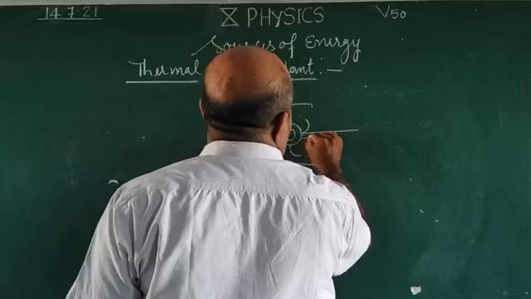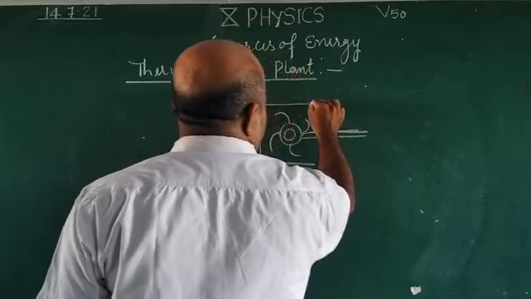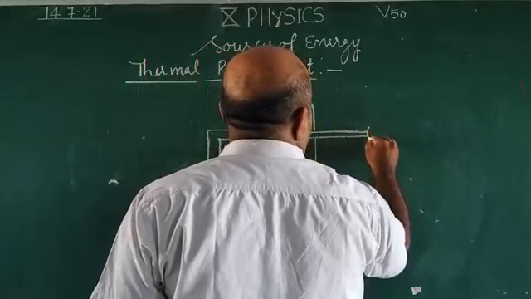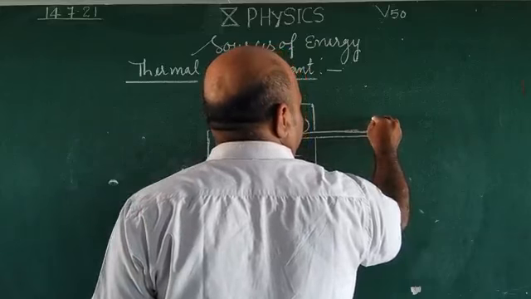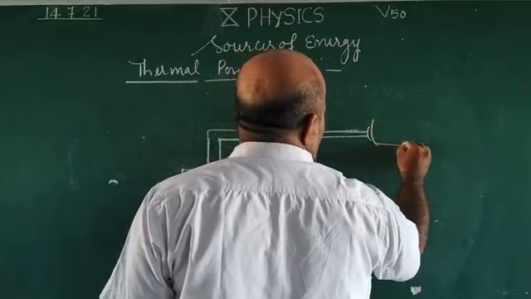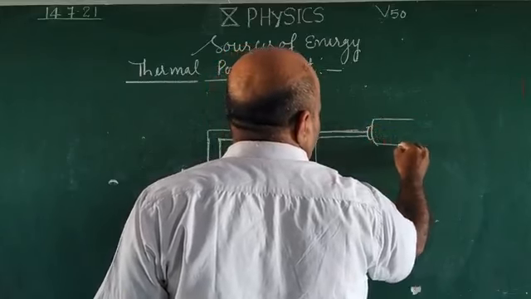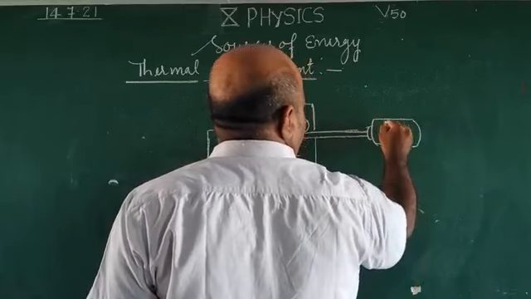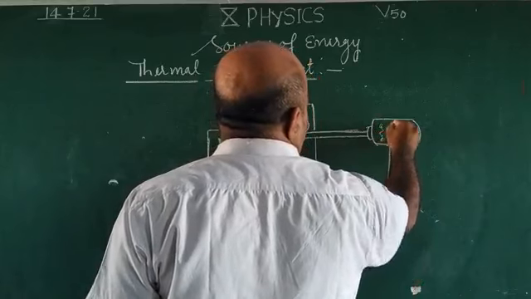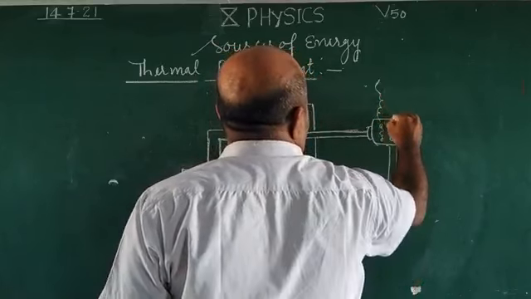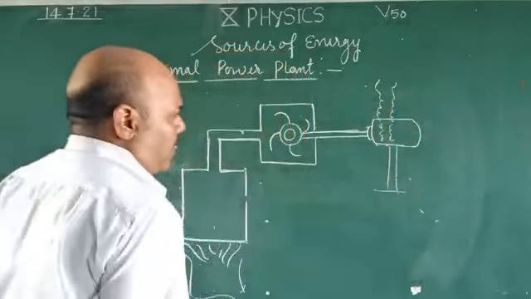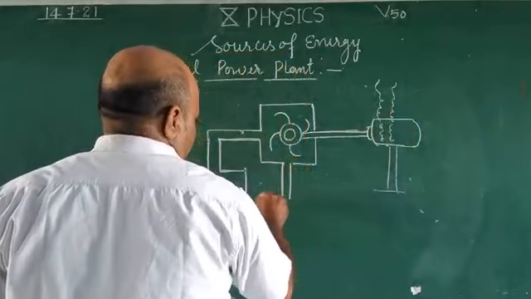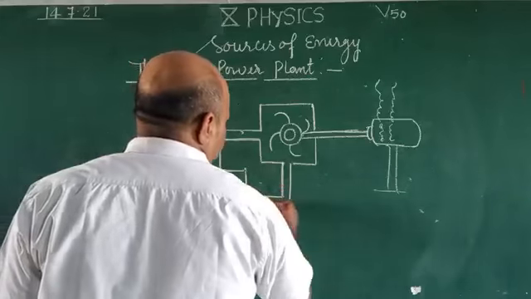See here, the shaft is connected with a small generator, which is called the dynamo. With this dynamo we can generate electricity here. And the spent steam comes down once again and falls in this boiler tank.